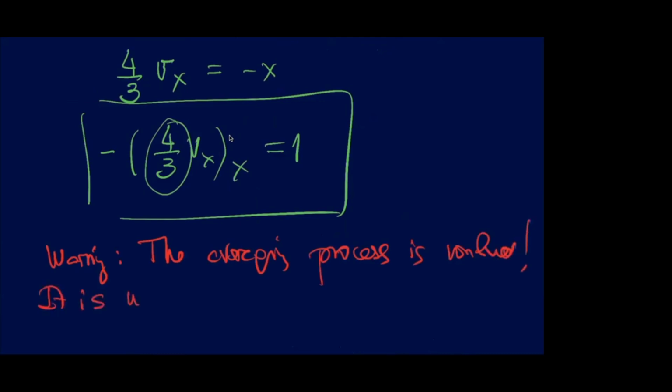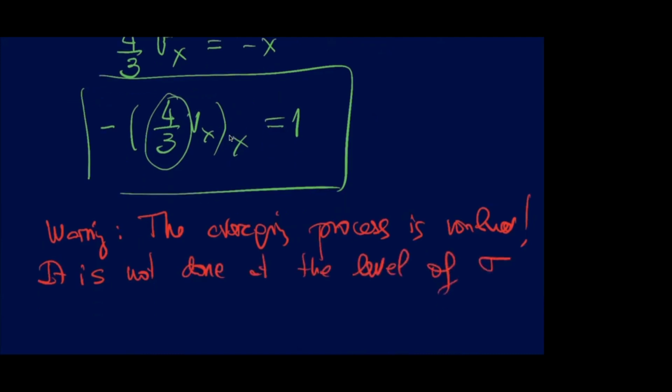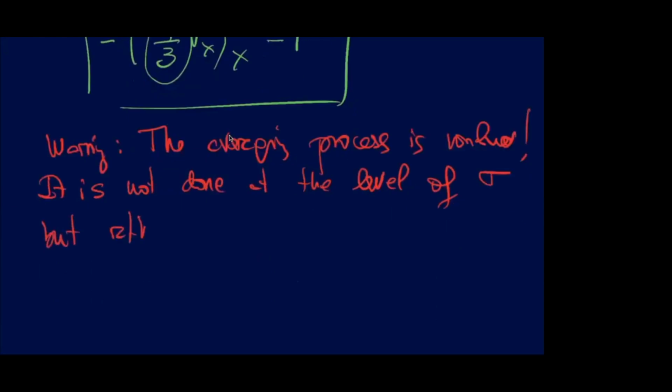It is not done at the level of sigma, but rather on the inverses, right? So this is why homogenization theory not only allows you to build new composite materials out of two basic materials, 1 and 2, but also is not so easy to understand, because our intuition would be that if I mix 1 and 2 equally, then I should get the average, which is 3/2.